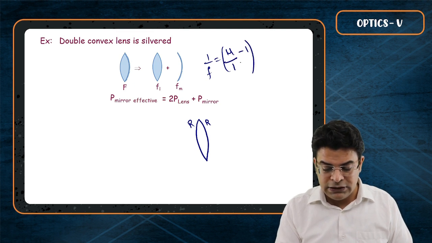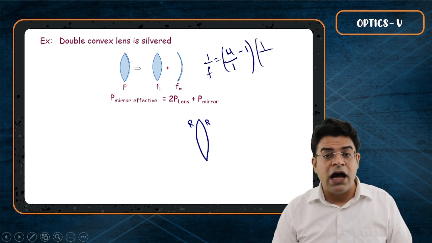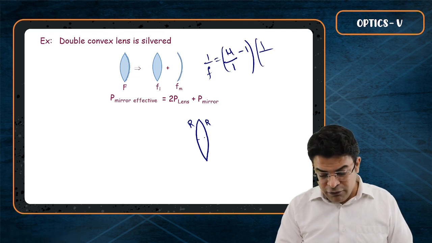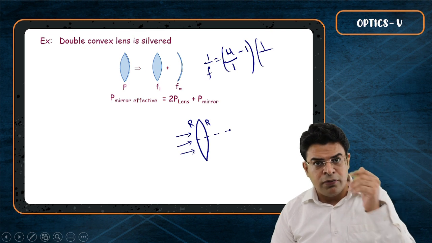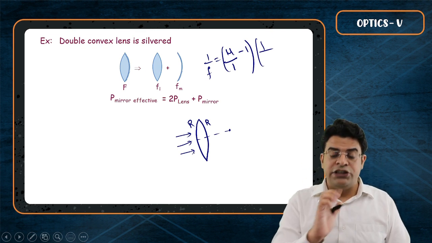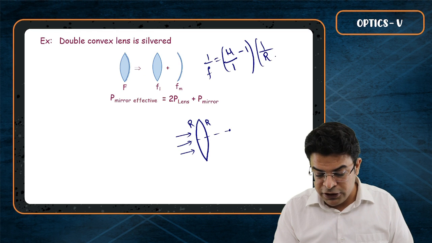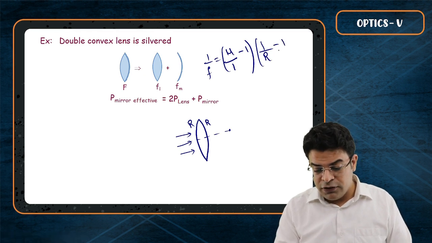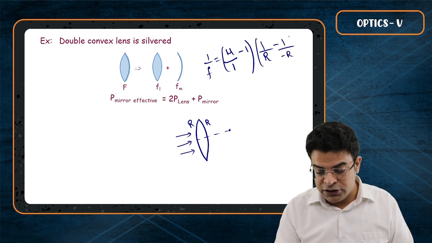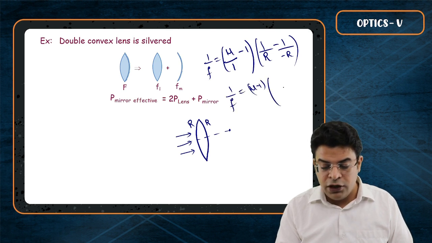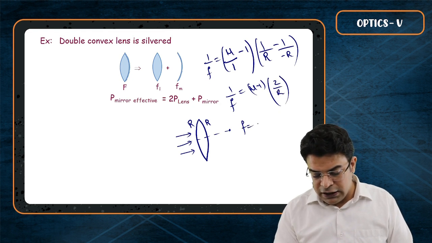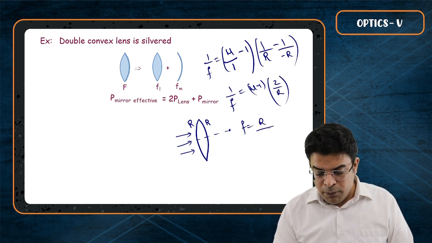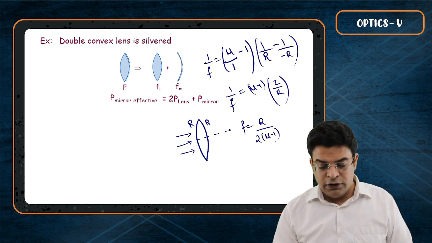R1 will be taken positive if we assume incident rays to be coming from here, and R2 will be taken as negative. So in place of R1 write R, and in place of R2 write minus R. So here you get 1 by f equals (mu minus 1) into (1 by R plus 1 by R), that becomes 2 by R. Or better, the focal length comes out to be R upon 2 times (mu minus 1).